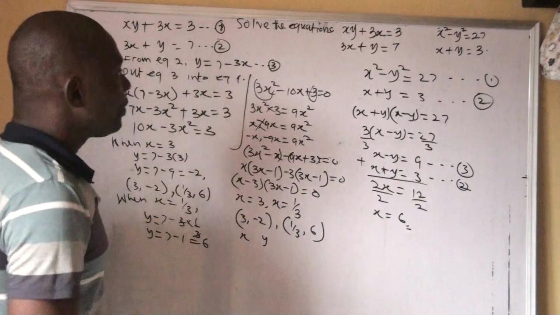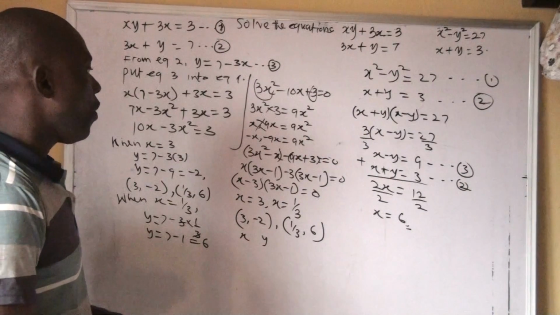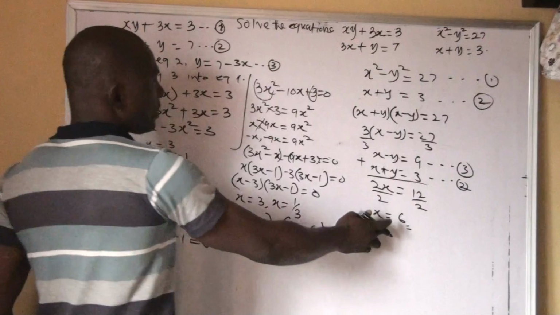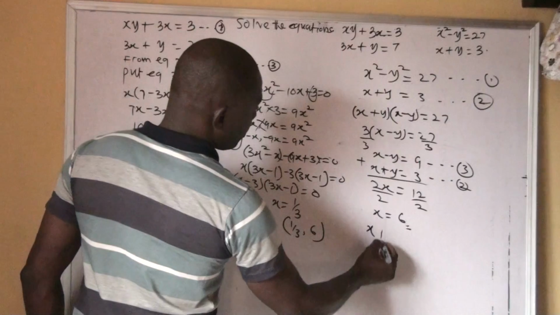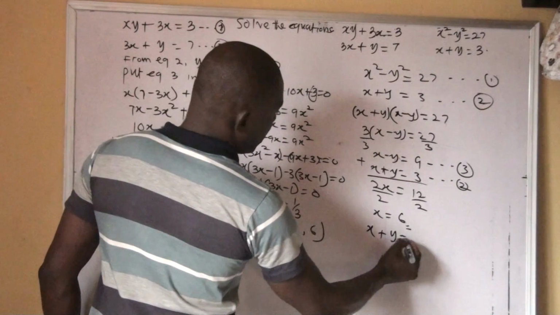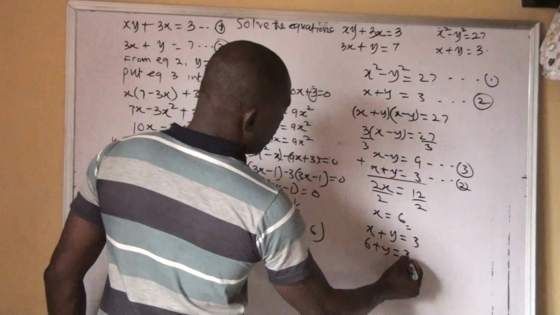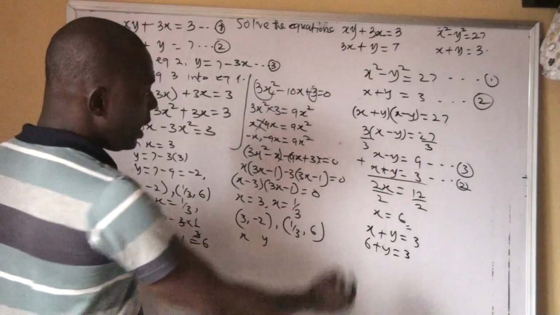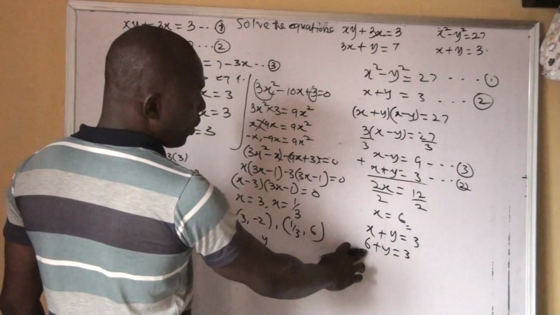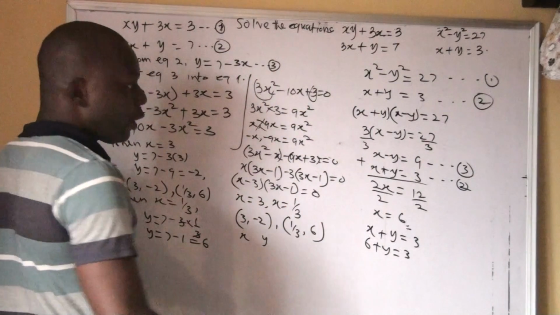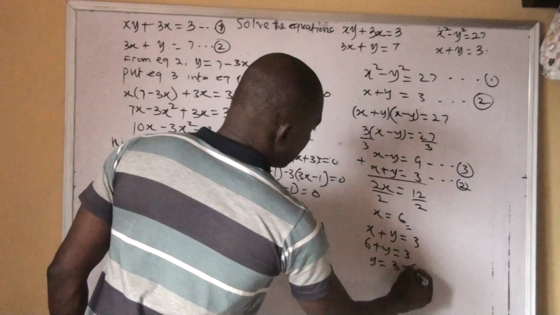Now that the value of x is known to be 6, we need to find the value of y. So let's put the value of x into equation 2. Equation 2 is x plus y is equal to 3, and x is 6, so 6 plus y is equal to 3. What we need to do is add minus 6 to both sides, or simply, as 6 crosses the sign of equality, it becomes negative, so that y becomes 3 minus 6.